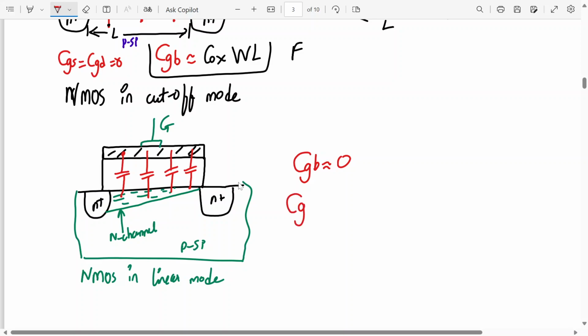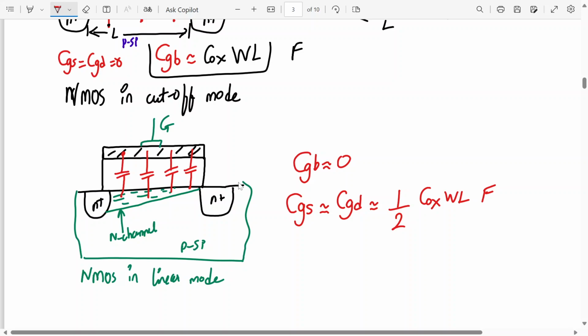So CGS will be approximately equal to CGD, approximately equal to half Cox W by L. Both of them are distributed equally, that's what we are saying. Understanding? This is what will happen in the linear mode of operation.